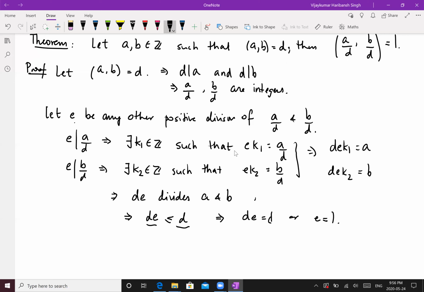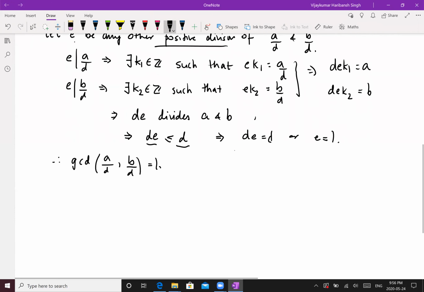Therefore any other divisor of A by D and B by D is 1, so GCD of A by D and B by D equals 1. That proves the claim.